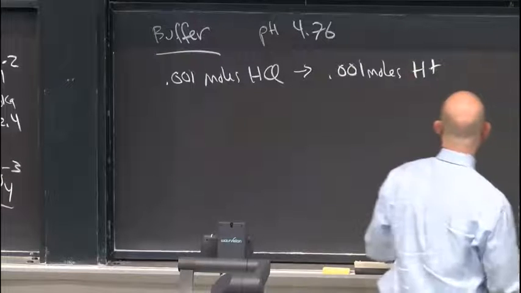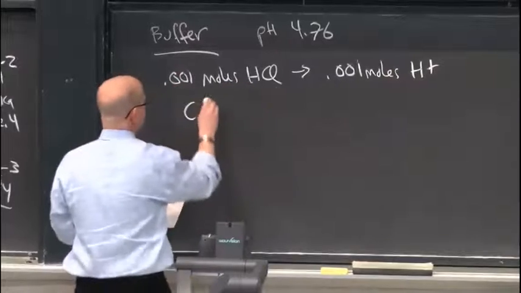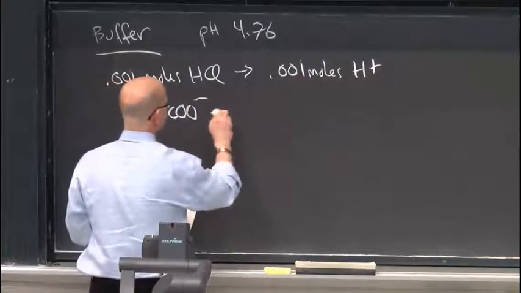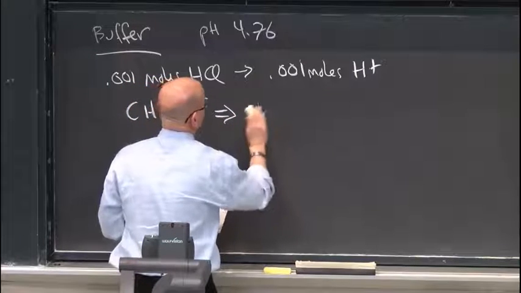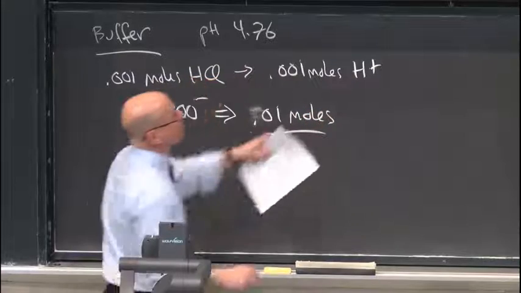And as a result, the acetate anion, CH3COO minus, that concentration used to be 0.01 moles, right? We said it was 10 millimoles.